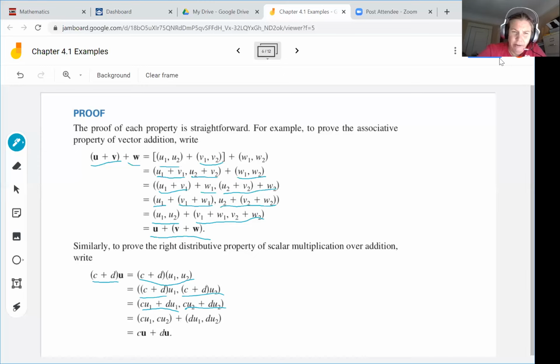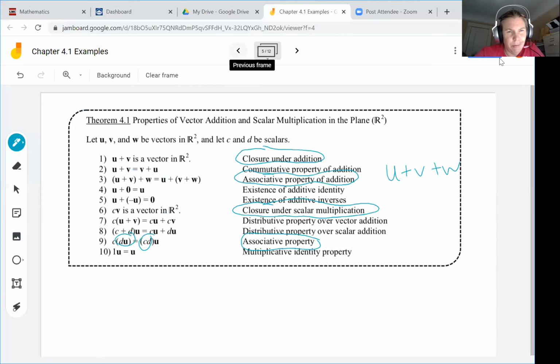And then we can rearrange and pull out our c's and d's. So we've got here c u1 and c u2 plus d u1 and d u2. And so then we can rearrange that to say that's the same as scalar c times vector u, and scalar d times vector u. So that is proving the scalar addition property 8.